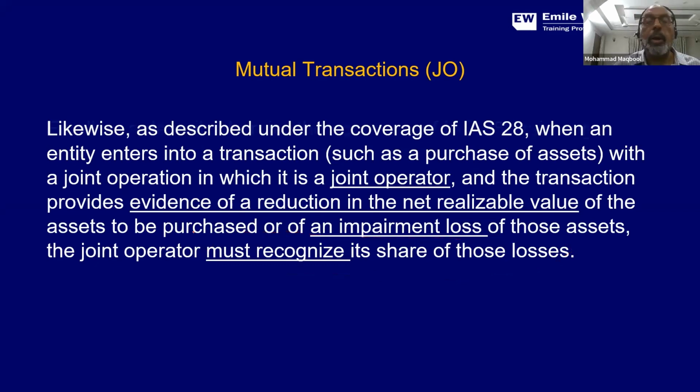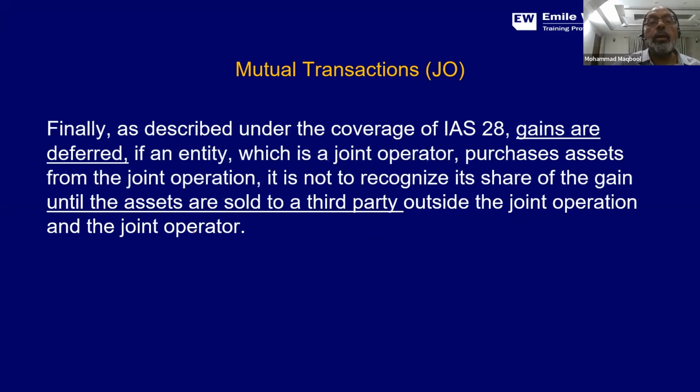But in case of a profit, they have to defer recognizing their share of the gain, because they cannot have a gain from themselves. Until that asset is sold to a third party, they have to wait. That we also discussed under IAS 28.